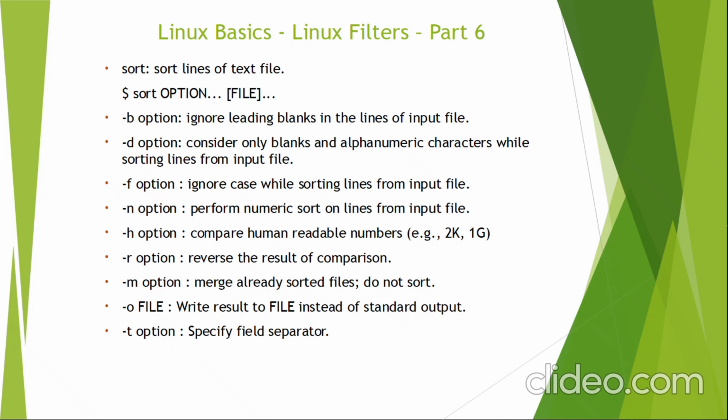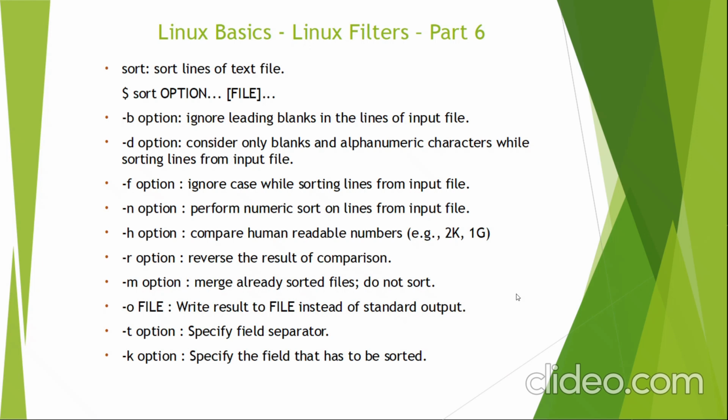Then the -t option is used to specify the field separator. If I specify any particular character with -t, that would be understood as the field separator separating the different fields in the input file. The -k option specifies the field that has to be sorted.